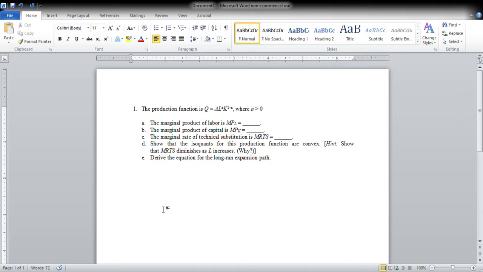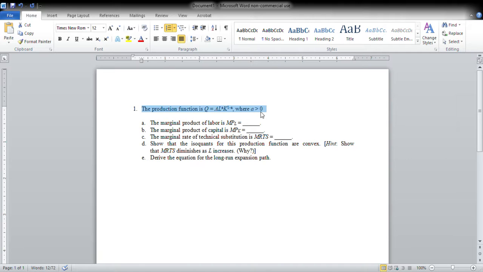So let's go back to our problem, which is the production function: Q, or production, equals average labor to the power of its units, times capital to the power of its units.